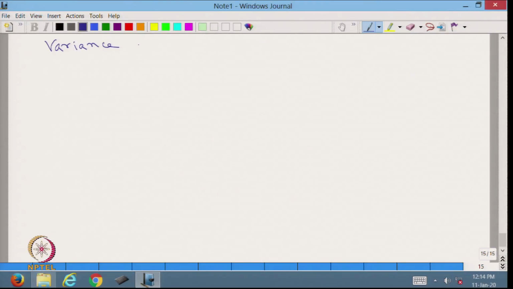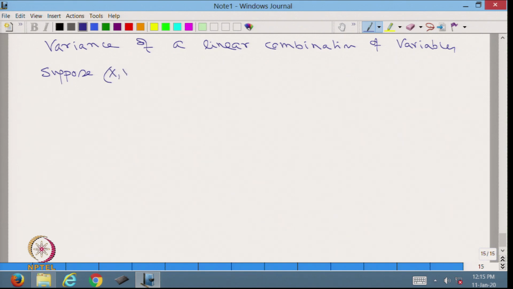What is the variance of a linear combination of variables? Suppose x and y is a 2D variable.